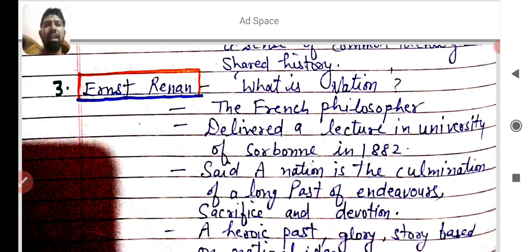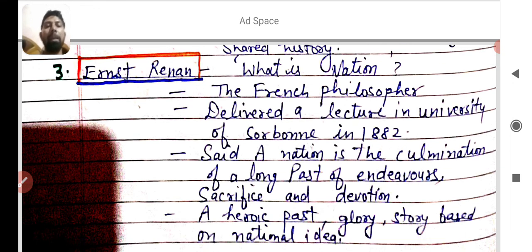It is the culmination of endeavors, sacrifice, and devotion, and a heroic past, glory, a story based on a national idea. So the national idea is also involved in the making of a nation.